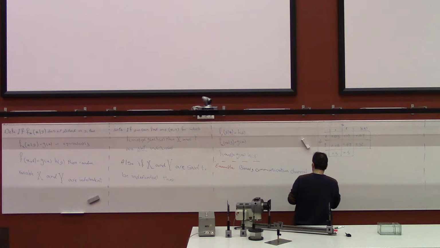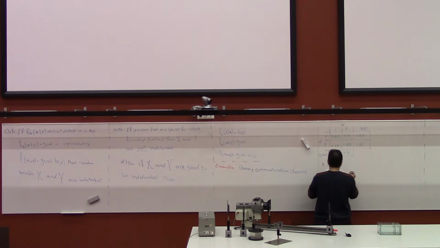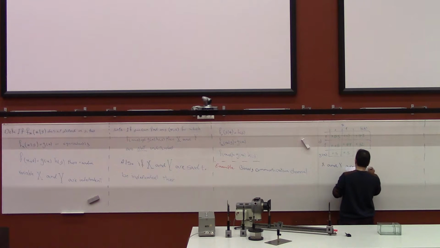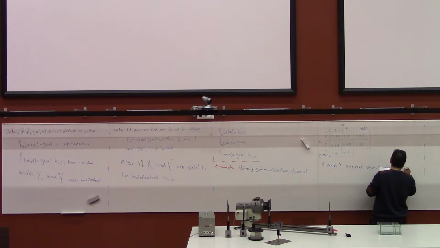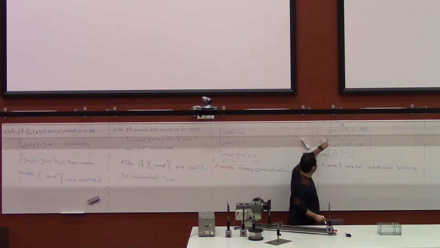Then we can easily say that X and Y are not independent, because we have to show these properties.